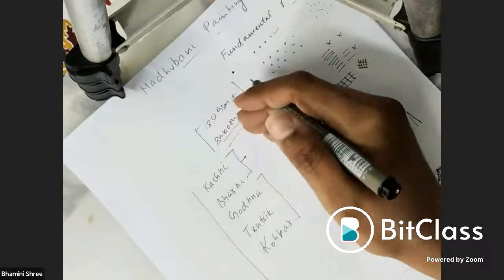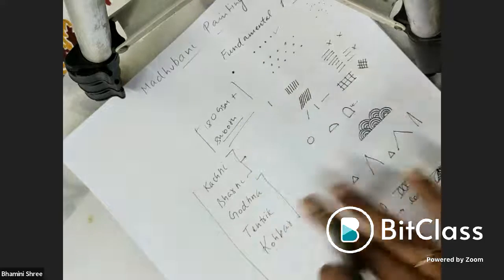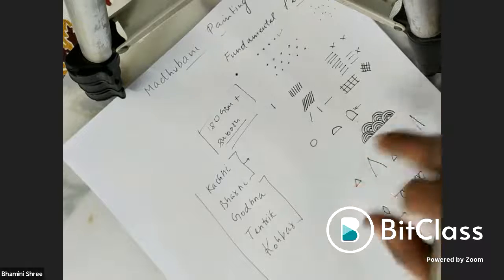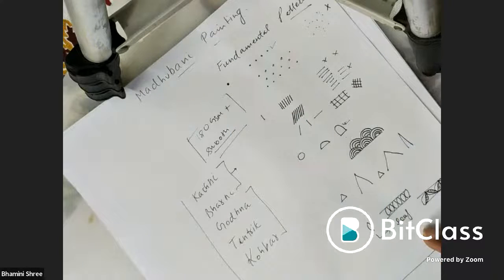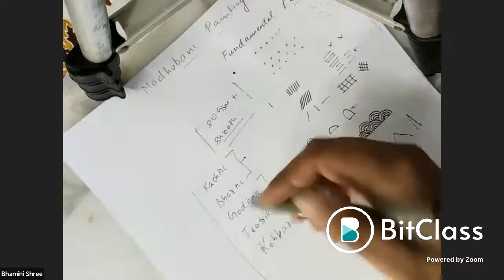In both cases, you are going to use patterns. All the patterns that you learned are called Kachni, K-A-C-H-N-I. So if you are making a pattern in Madhubani painting, you say you are doing Kachni. Second one, Bharni.